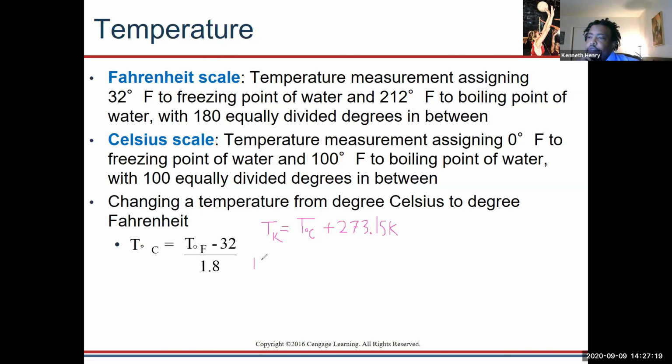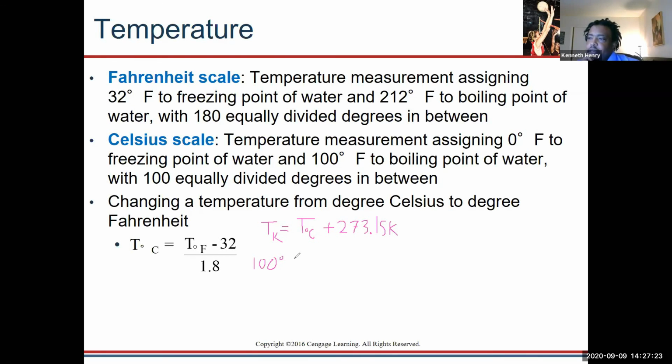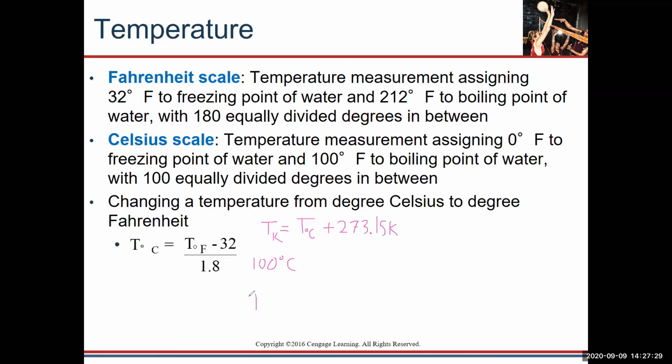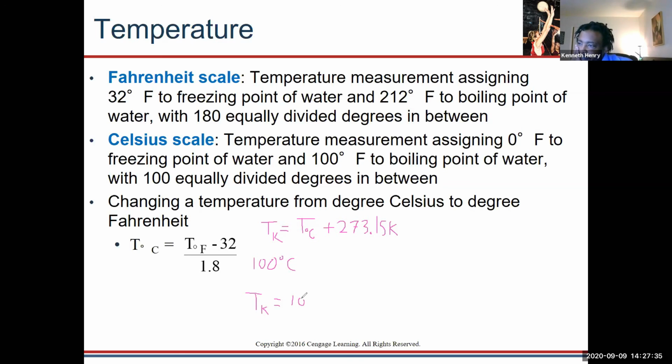Okay, so if we have 100 degrees Celsius, how many Kelvin is that going to be? 373.15. Okay, that's correct. So we just put in 100 degrees here, plus 273.15.